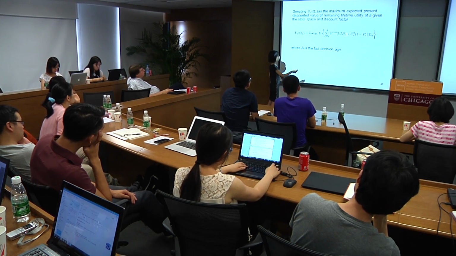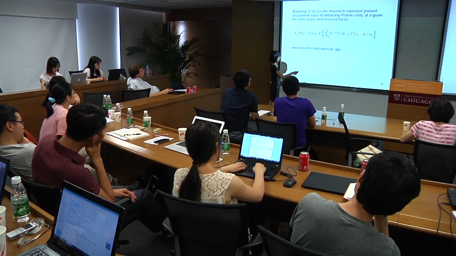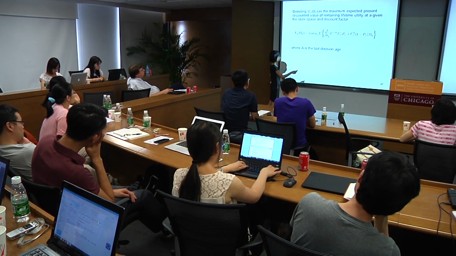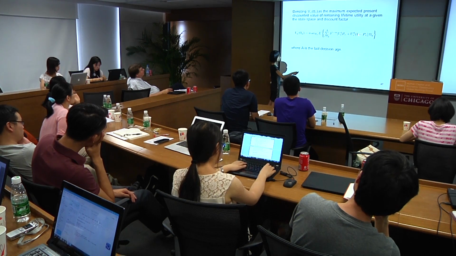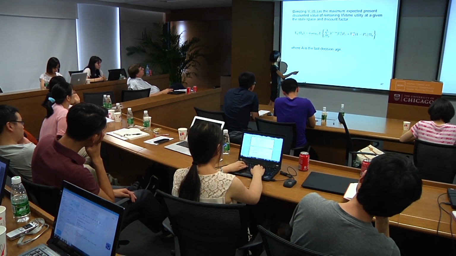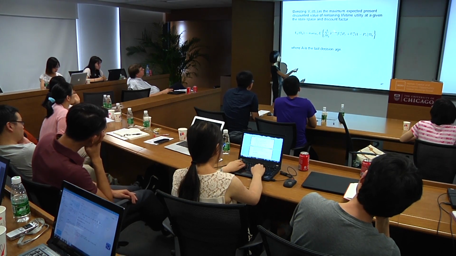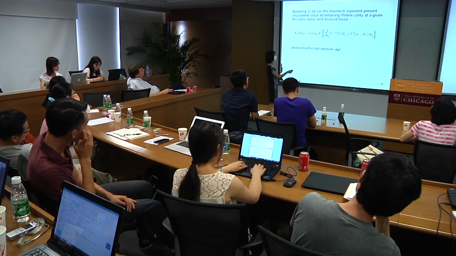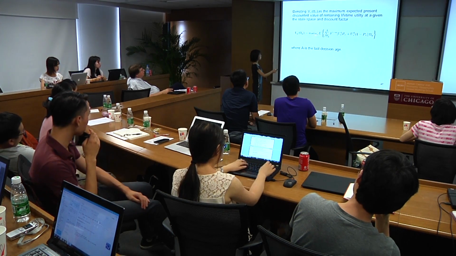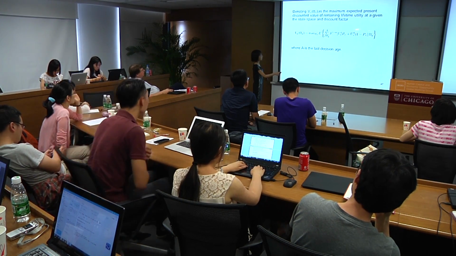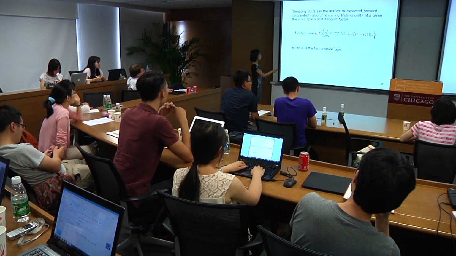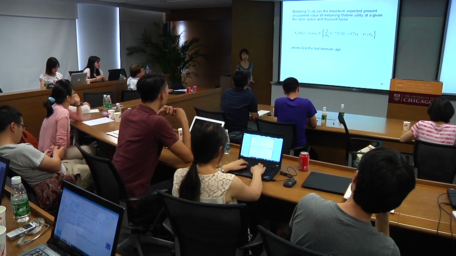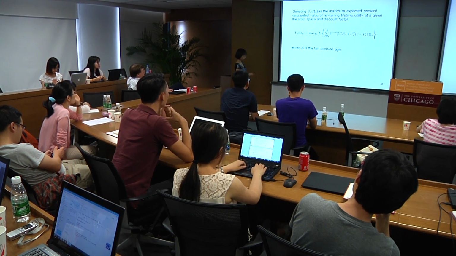And you add up your utility period by period. If you participate, your utility is U1. If you don't, then it's U0. And you discount at delta rate, and you maximize this remaining utility by making a participation decision. Okay?